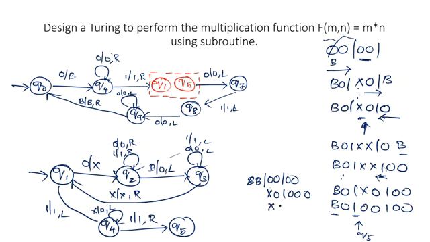Then again X, X 1, 0, 0, 0, 0. Then when you travel back, this will become zeros. So you'll have B 1 X, B B 1 X. Then it will get into B B 1, 0, 0, 1, and 4 zeros. Now when you encounter a blank space, you are entering into your final state over here.